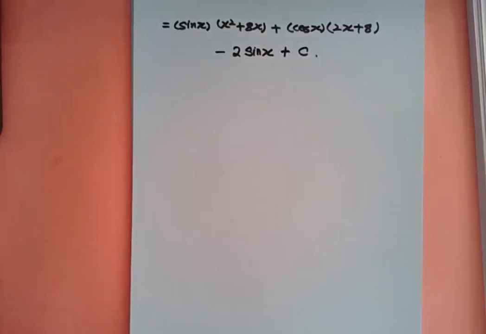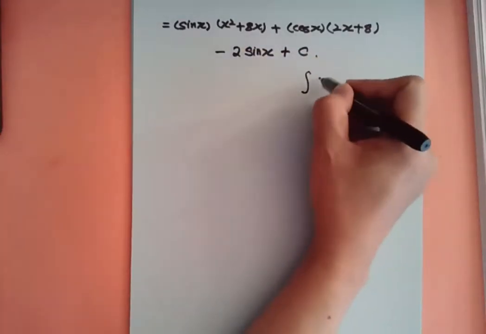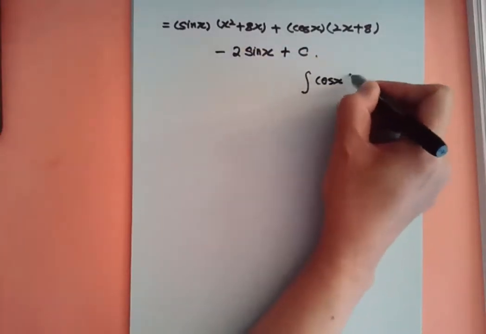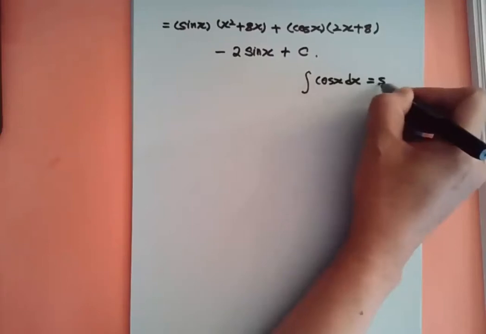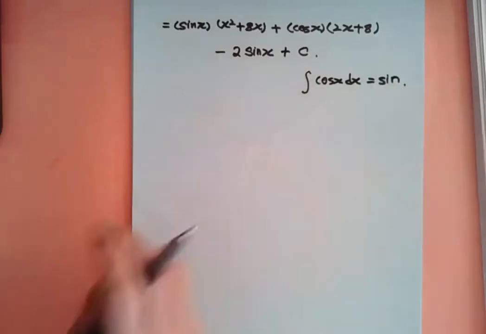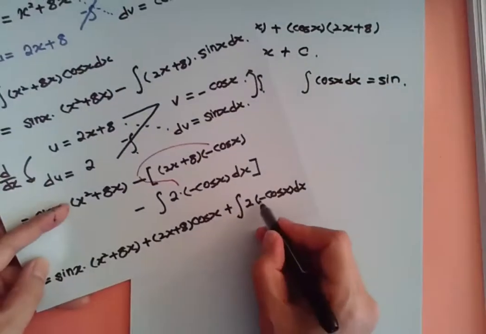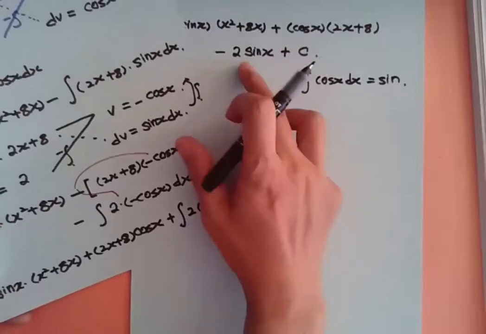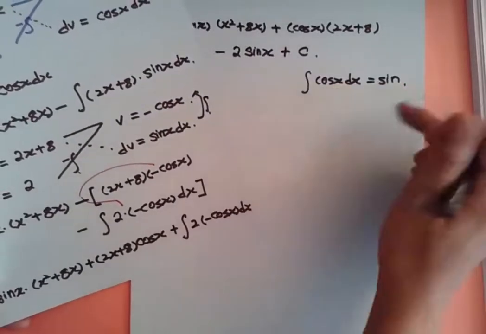Because integration of cosine is just sine. So I put this minus in front of that and then integrated cosine to get sine.